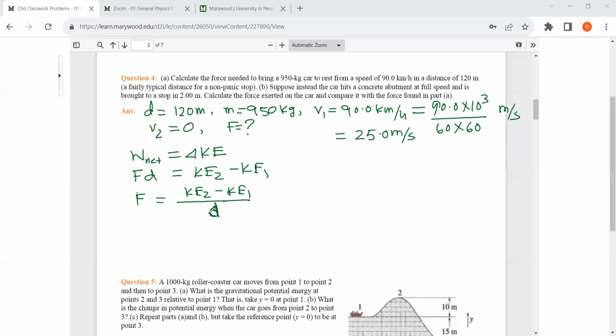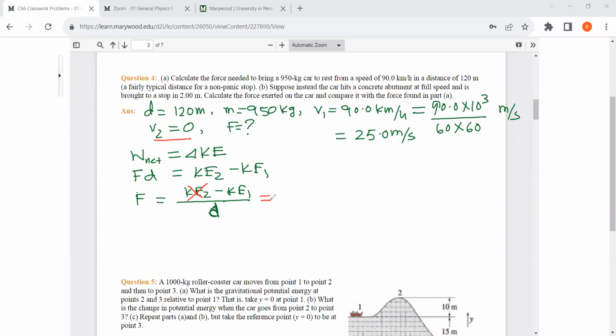Okay, and kinetic energy 2 is equal to 0, because the final velocity is equal to 0, so the corresponding kinetic energy will also be equal to 0.